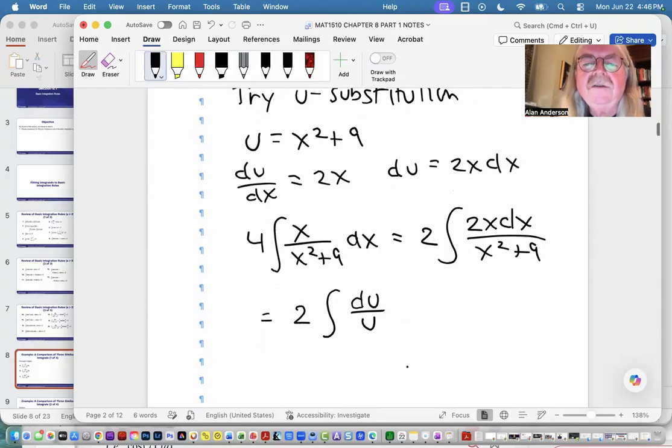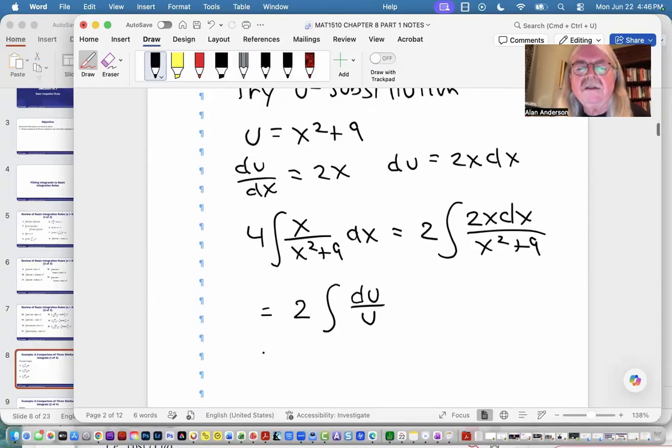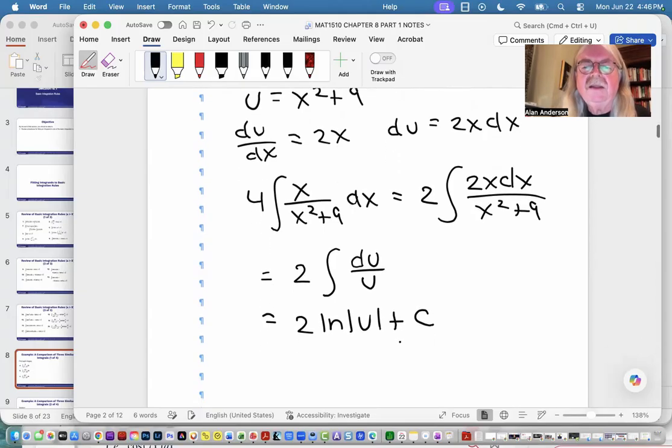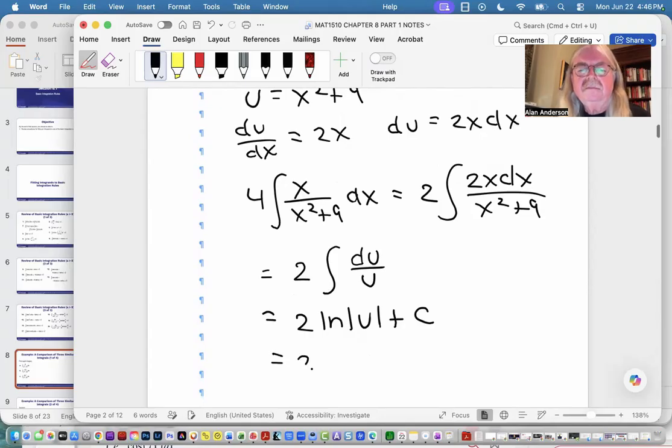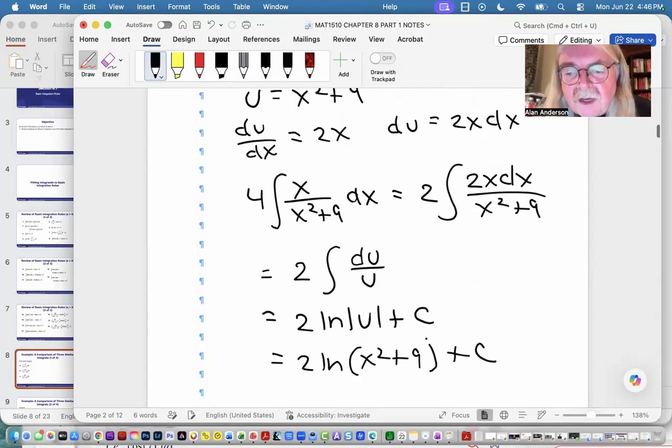And now you probably recognize this one as the natural log of u plus c. Now, if you notice, we can drop the absolute value signs because this expression can't be negative.